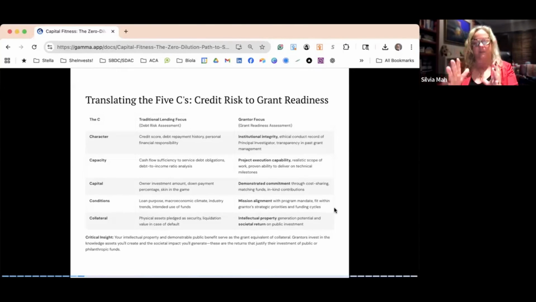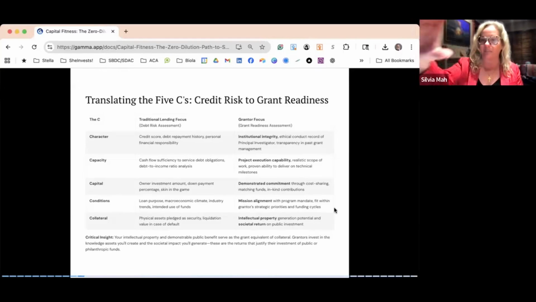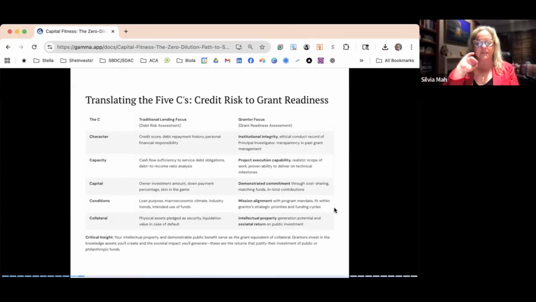You usually get it from whatever they're posting and putting out there. They're saying, we want this, this, and this. That's what the program mandate is. And then it has to fit within the grantor's strategic priorities. The priorities are usually labeled right there on the RFP, which is typically what they're asking for companies to bring grants to them.